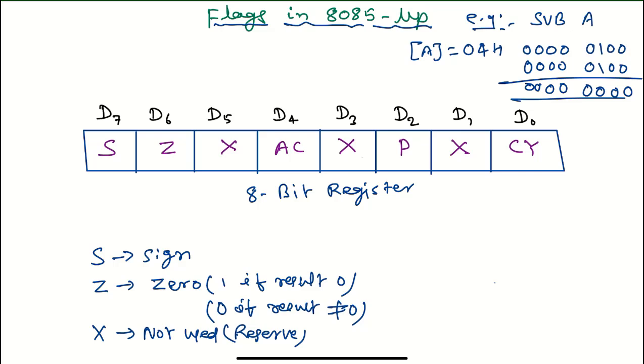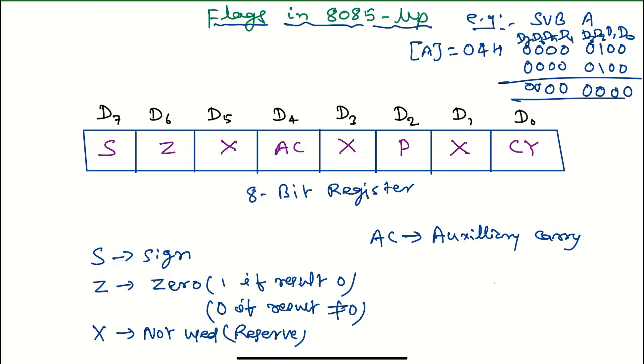Now we'll talk about D4. D4 is assigned to this AC. AC means auxiliary carry. Let's say this is D0, this is D1, this is D2, this is D3, this is D4, this is D5, this is D6, this is D7.